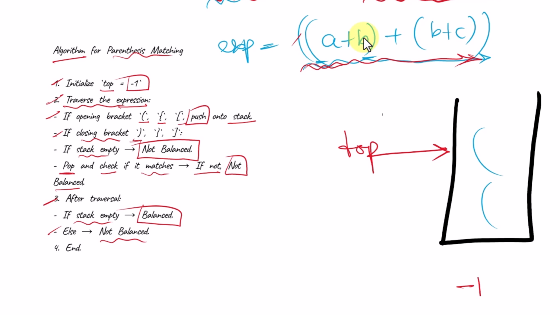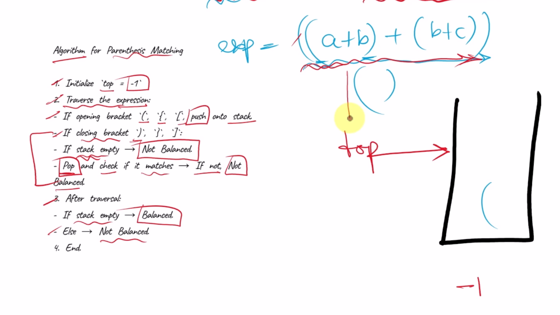But whenever we encounter any closing parenthesis, first of all, we're gonna check if our stack is empty or not. Of course we have two elements in the stack, so the stack is not empty. So in that case, we're gonna pop the top element. That means we're gonna pop this element and then we're gonna perform the match.